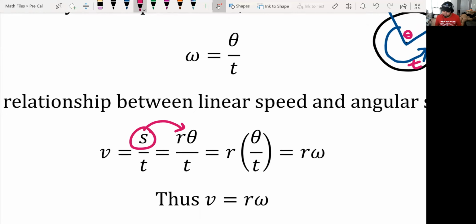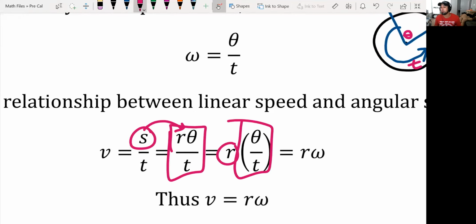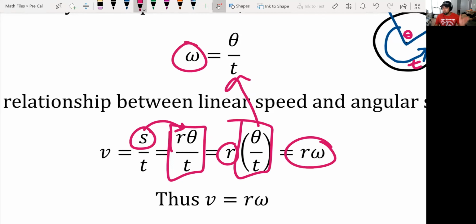Well, now we get r times theta over t. Theta over t belongs to the angular speed formula. Theta over t can be represented by omega. So we get a new formula that is in terms of radius times omega.